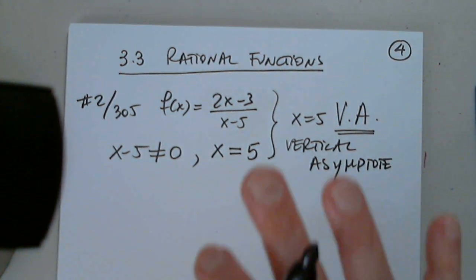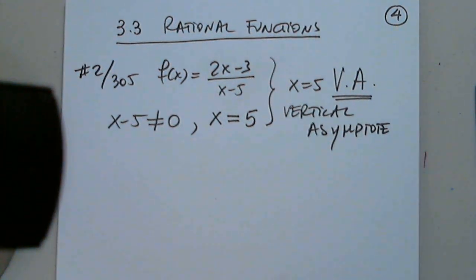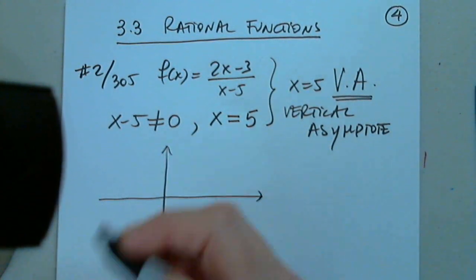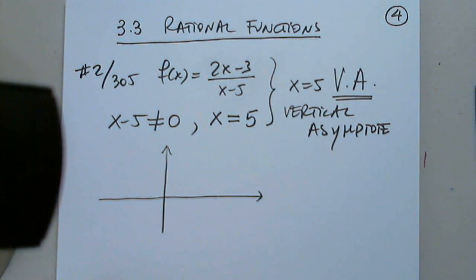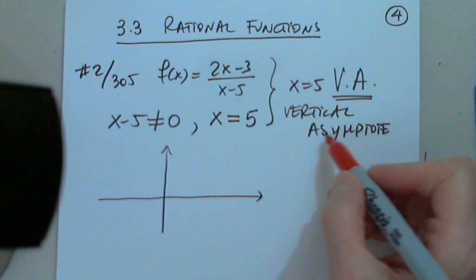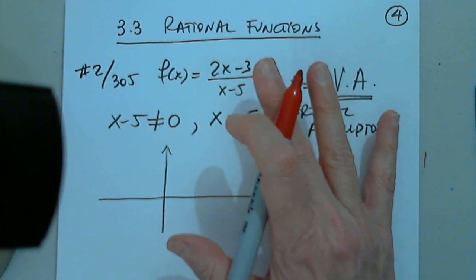And what does that mean? We're not graphing the function, but I just want to discuss what happened at 5. So this is the coordinate system. We have to graph the asymptotes always, but the asymptotes are not part of the graph.